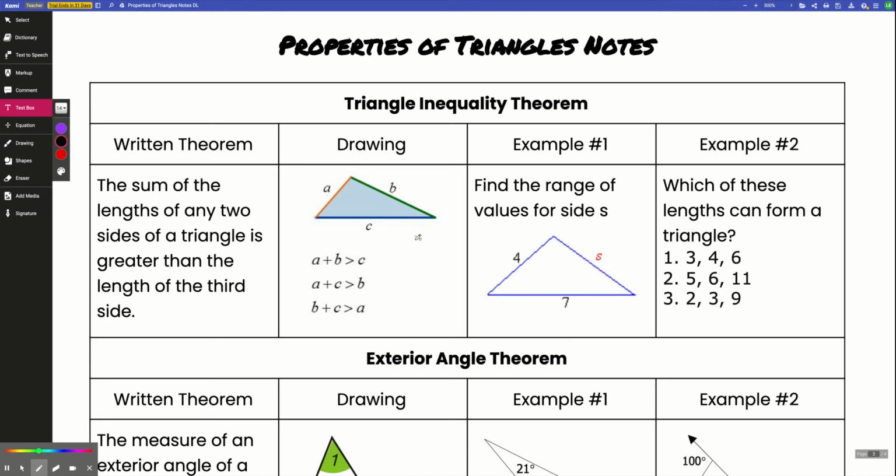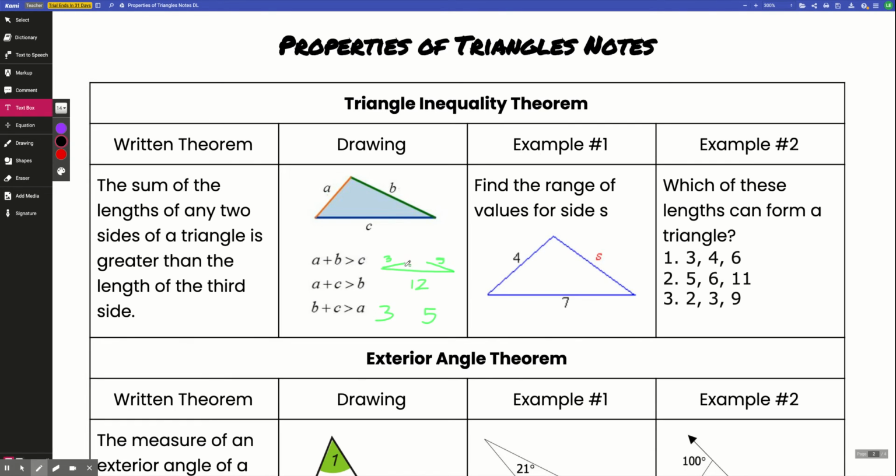Okay, and here's why. Say we have a triangle where one side is 12, another side is 3, and another side is 5. If the side that's 3 units long is here, and the side that's 5 units long is here, these two sides are not long enough.